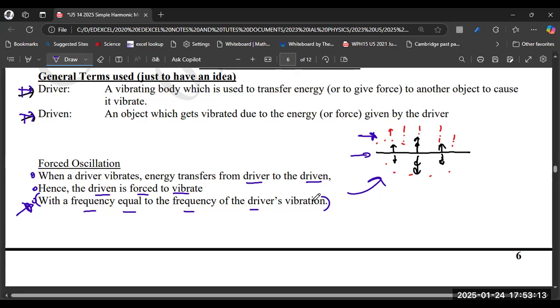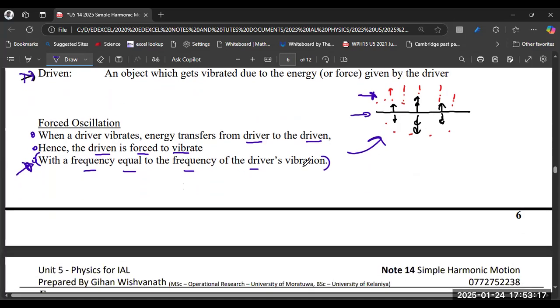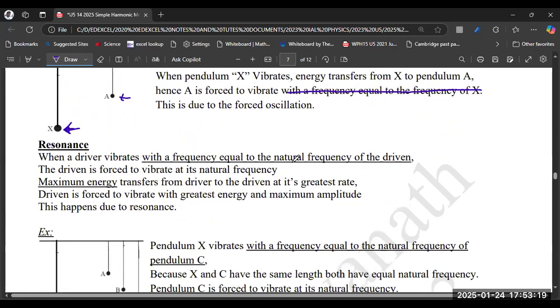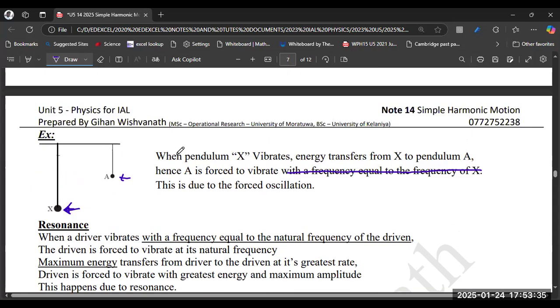There are situations where you can use it, and there are situations where you can't. But then this one, resonance. When a driver vibrates, now resonance is a different idea. The resonance is also a part of forced oscillation, but it has a special condition.